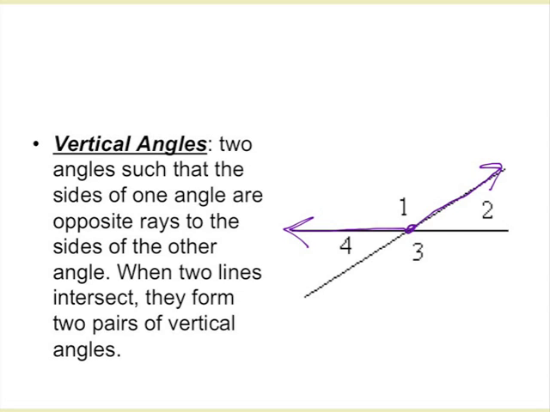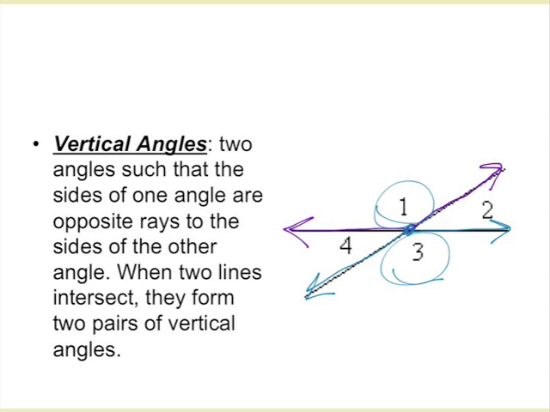We learned in chapter 1 that opposite rays complete a line. So I can draw in those opposites, which would complete the line, and angle 1 and angle 3 are vertical angles then. Vertical angles are angles that are across from each other diagonally when lines intersect.